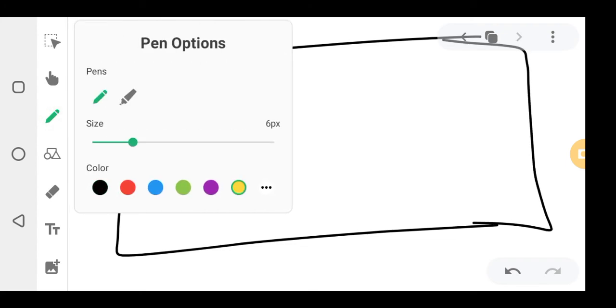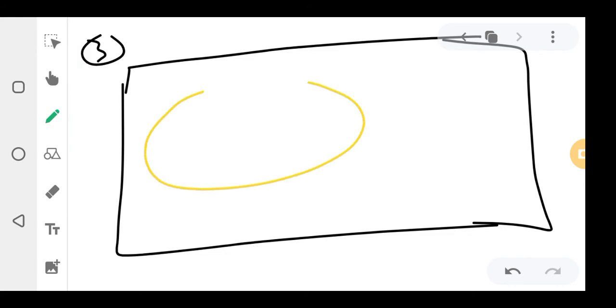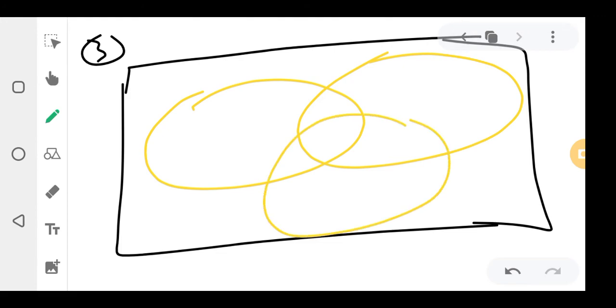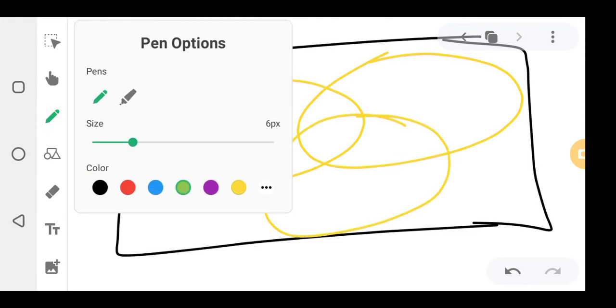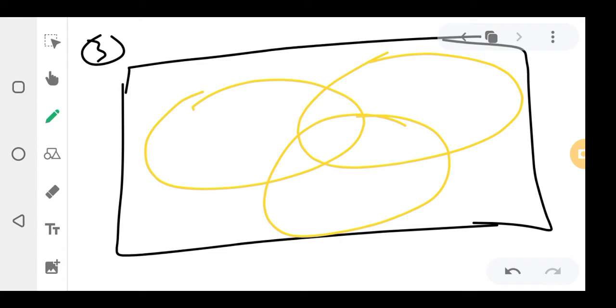Sometimes they can bring a question where they give you a Venn diagram like this. Here they can say 2x plus 4, that's what is on the intersection.